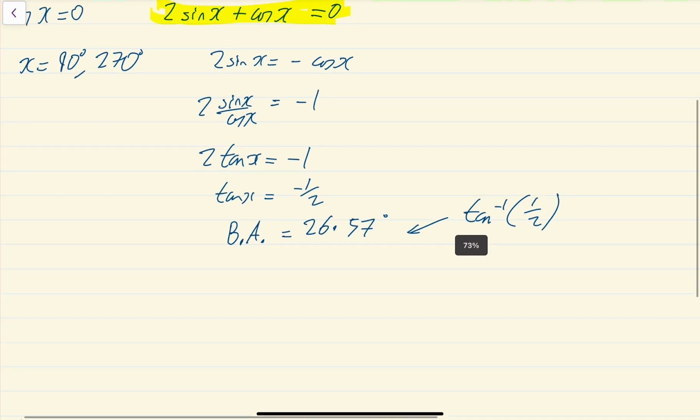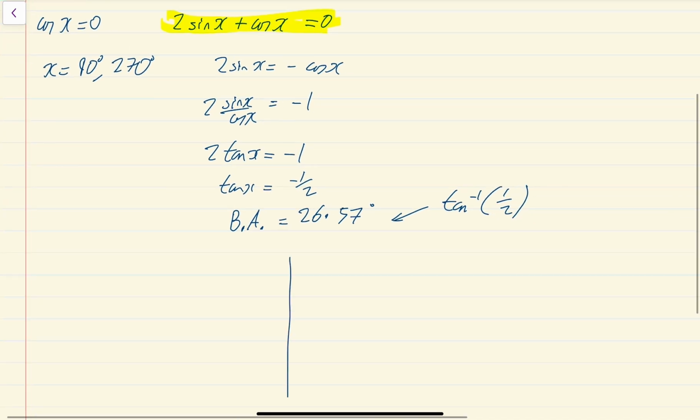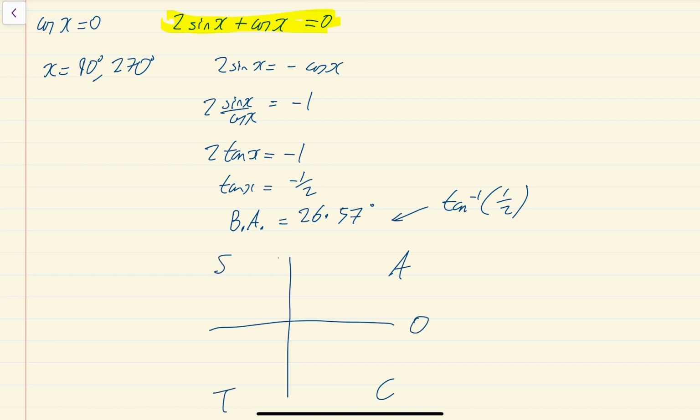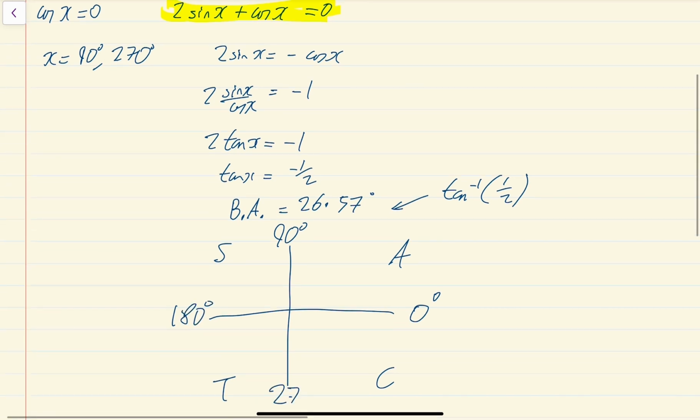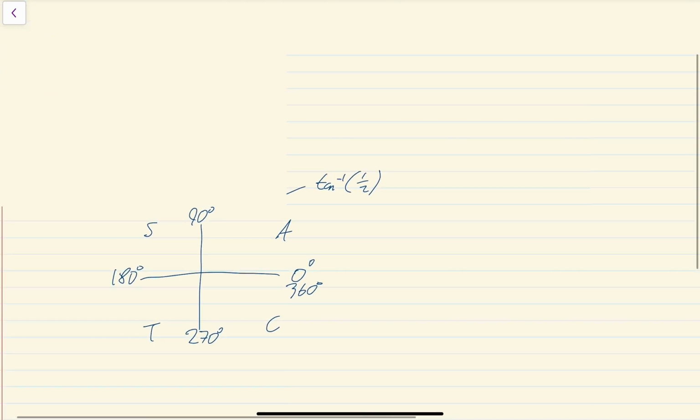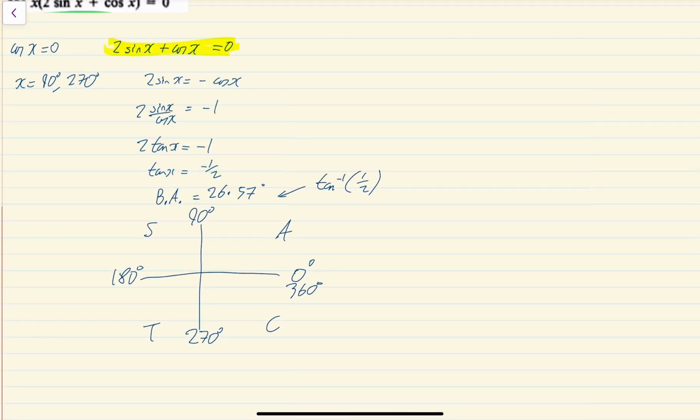Now we draw our CAST diagram. So our CAST diagram looks like this: C, A, S, and T. You've got your 0, your 90 degrees, your 180 degrees, your 270 degrees, and then your 360 degrees. Now, if we look back here, we were told that tan was negative.